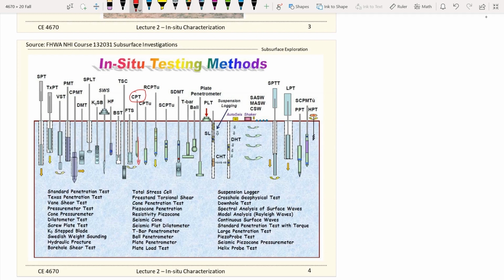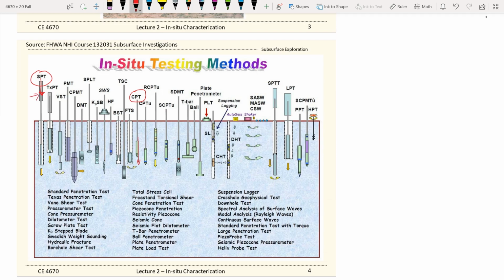Another very popular one that we also talk about is the SPT, the standard penetration testing method, where the principle is very simple. We use a hammer to push or advance a tube into the ground, and the tube is able to collect soil samples. By using the hammer, we keep counting how many blows it takes to advance the tube into the ground, and then we use that blow count.